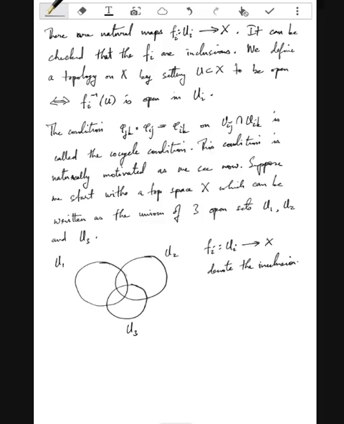Now, if you look at U1 intersection U2, which is over here, there is a map phi12 from U12 to U21. U12 is the intersection viewed as sitting inside U1, and U21 is the intersection viewed as sitting inside U2. So this map is, in this case, just the identity map.